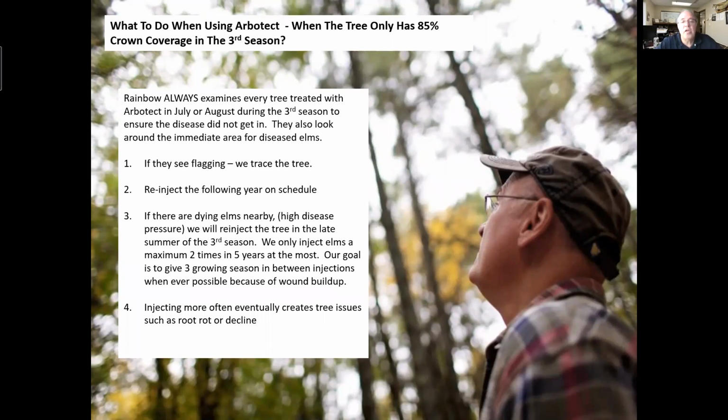And that way you've got that tree protected at least in the following spring too, right? So that's a practice that I think is fine. So 2 times in 5 years, right?